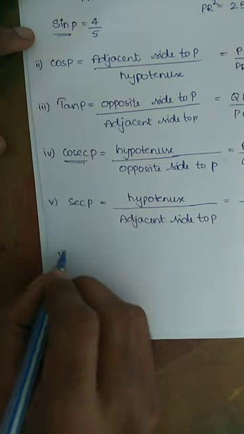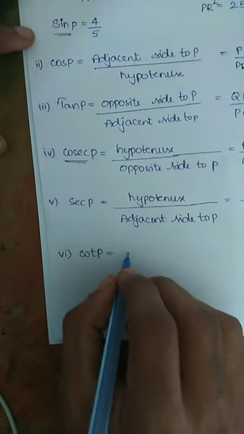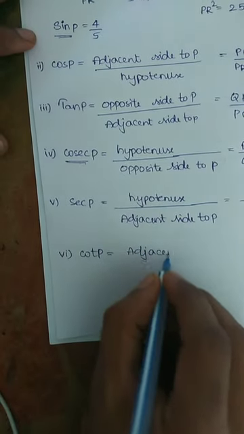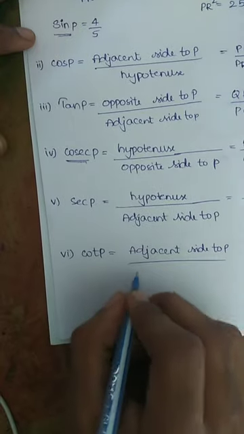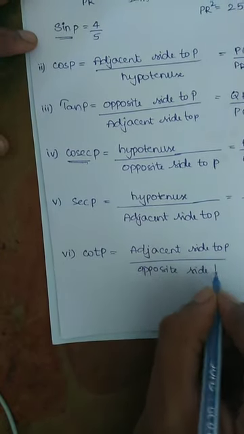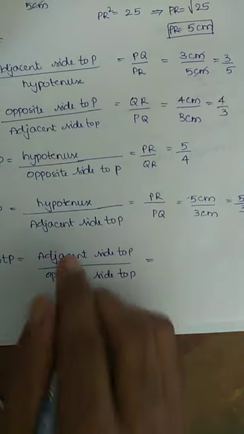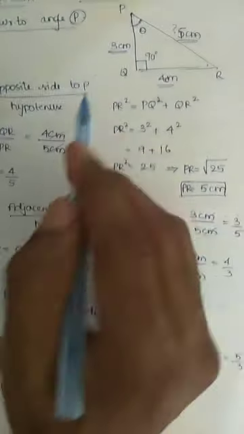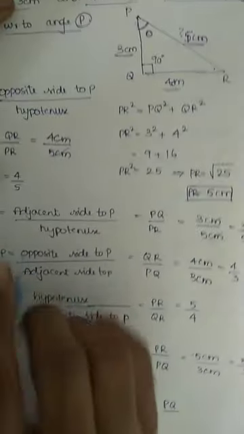Also, the last trigonometric ratio is cot P, which is equal to adjacent side to P by opposite side to P. What is adjacent side to P? Adjacent side to P is PQ by opposite side to P. Opposite side to P is QR.